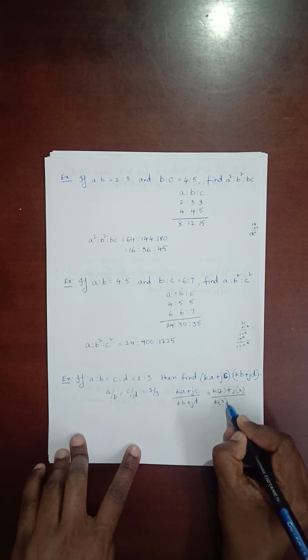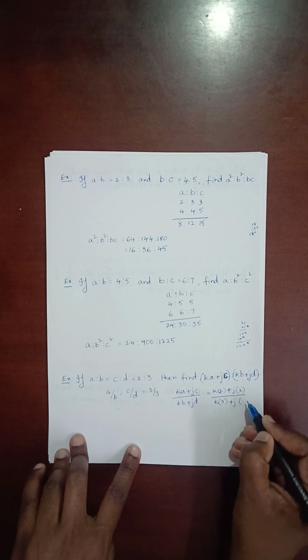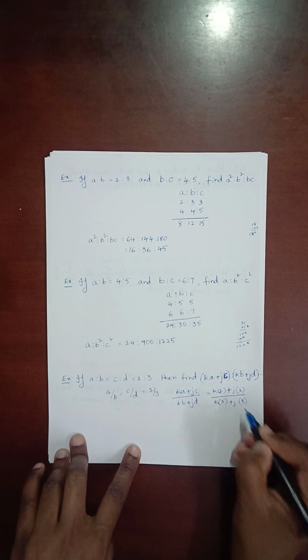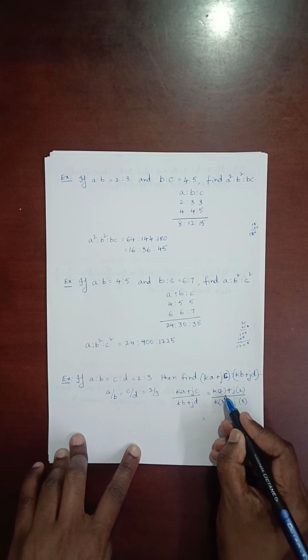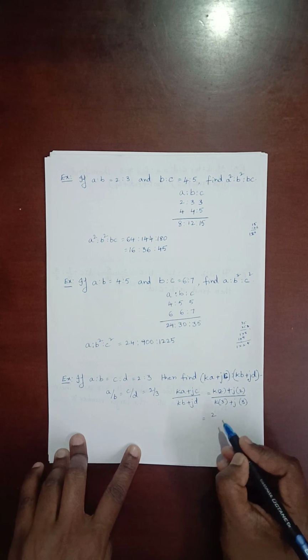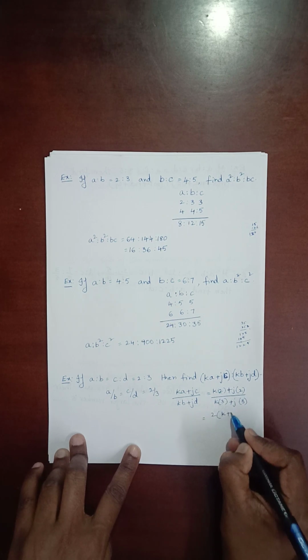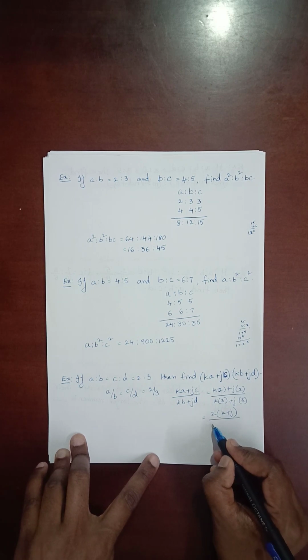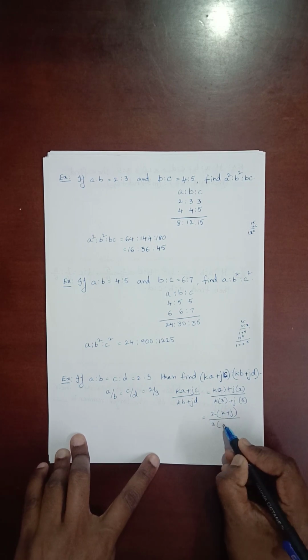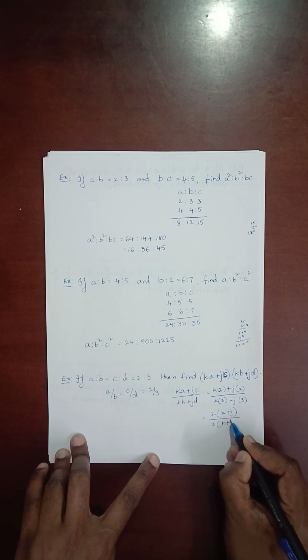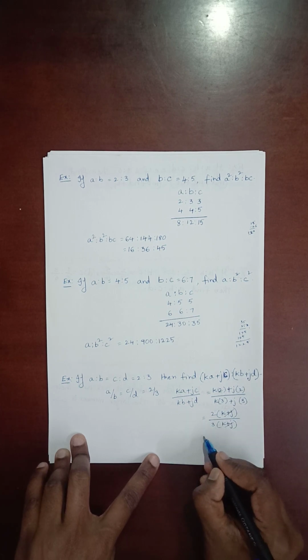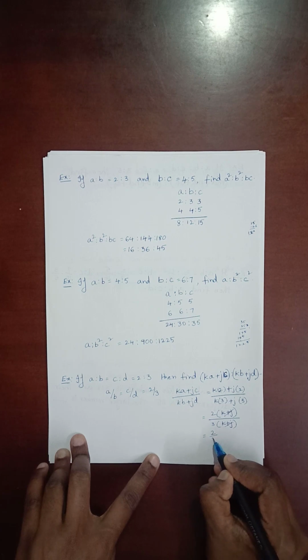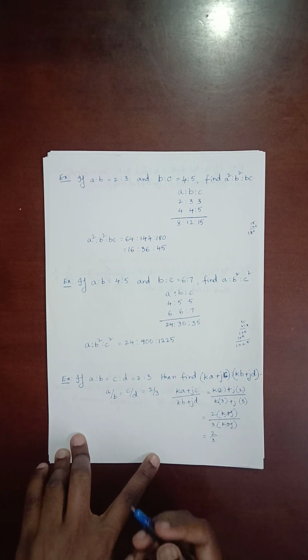B is 3 plus J into D, that is 3. So from the numerator part we get 2 common, so K plus J. And from the denominator part we get 3 as common factor, again K plus J. So we cancel these 2. We get 2 by 3.